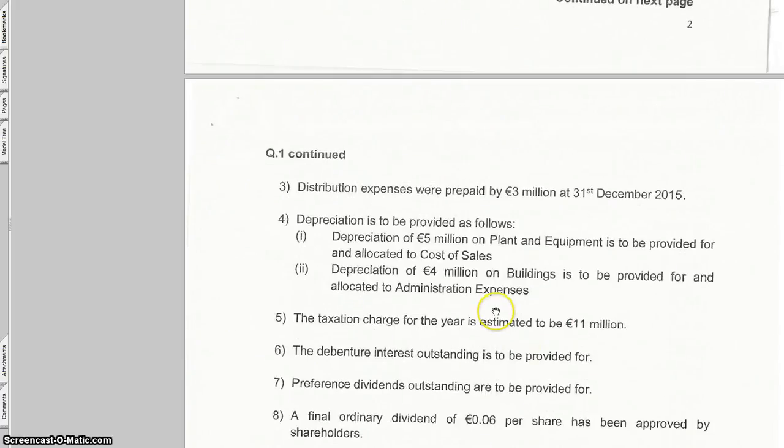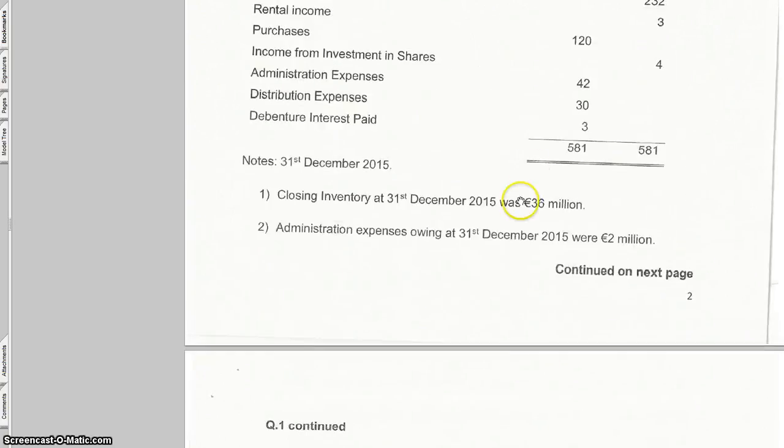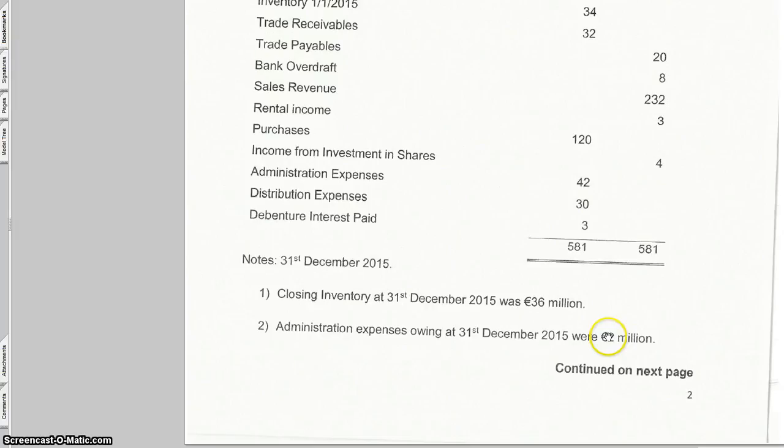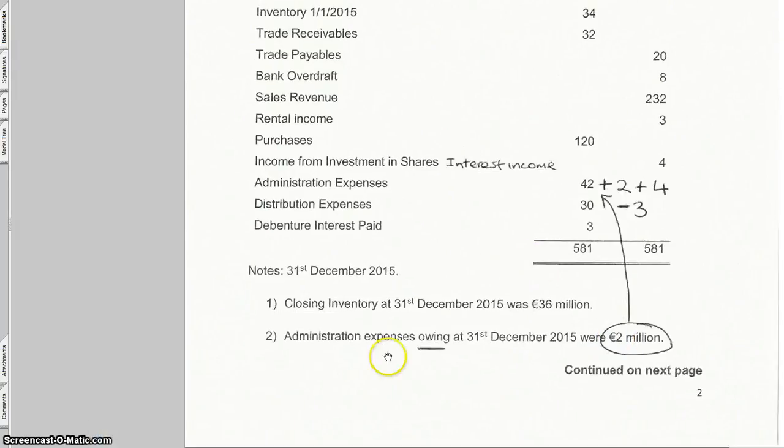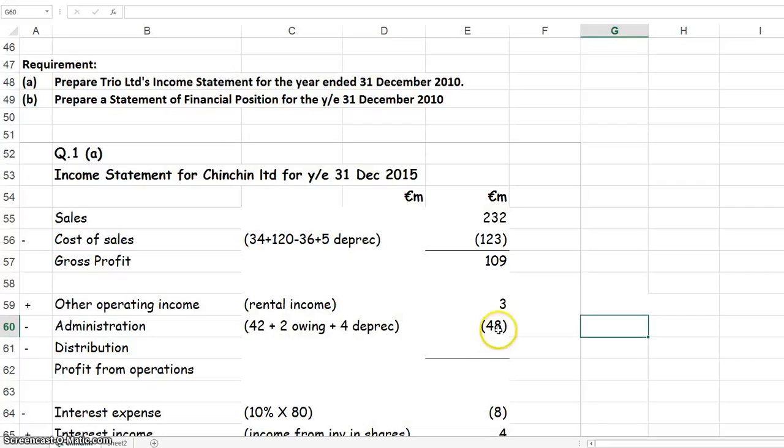Then we look at depreciation, and it tells us 4 million depreciation needs to be provided for and should be allocated to admin. So it's 42 plus the 2 that are owed plus the 4 depreciation. That's our working for admin expenses, which adds up to an expense of 48.